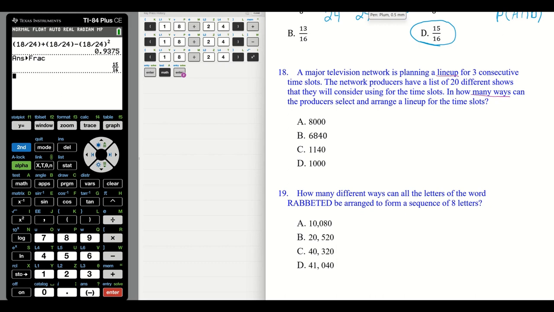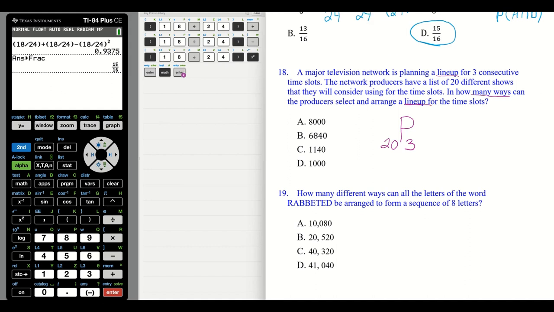Okay, let's see. We have a permutation because we have an arrangement, and I'm seeing 3 out of the 20 as a permutation. We have no other details and no other parts of the lineup question.